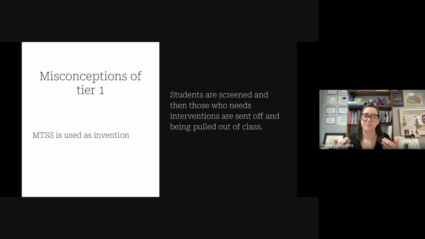That's where I'm talking about the differentiated Tier 1 model. I understand it also depends on your resources and people, but depending on how much you can stretch your elastic in your services, differentiating Tier 1 is much more powerful than just pulling out a few kids, because even with pullout, you're probably going to leave quite a few who are still not at benchmark in the class.